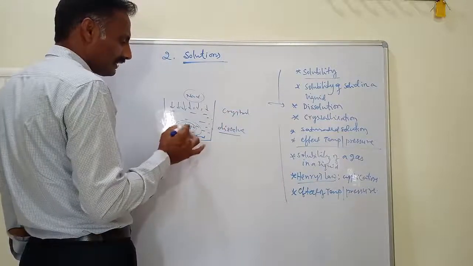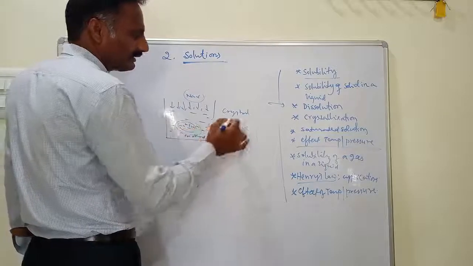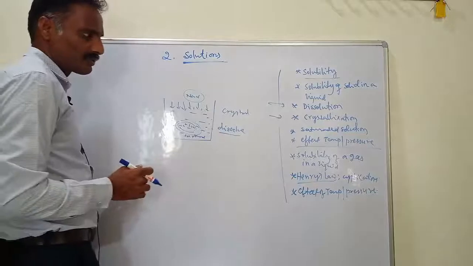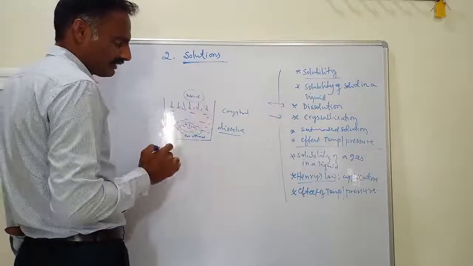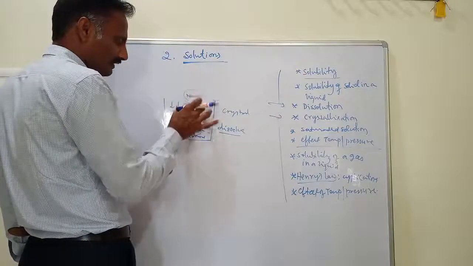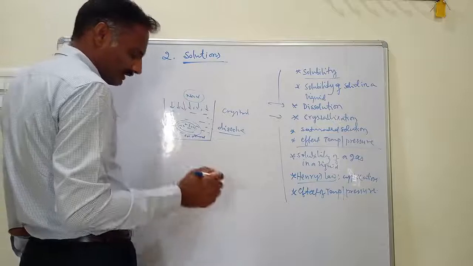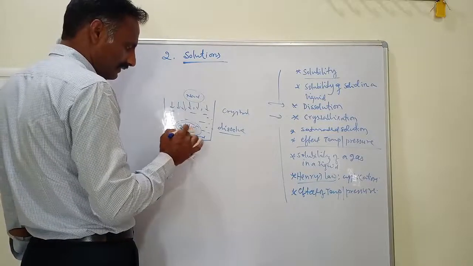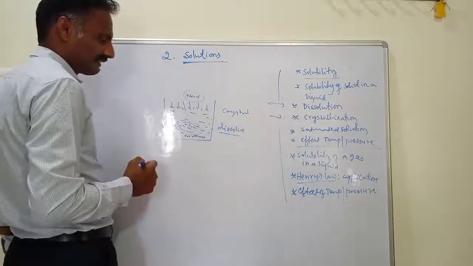The solute is crystallized. This is called crystallization. Crystallization and dissolution are reverse processes. Dissolution means the solubility of a solute in a liquid, while the solute particles in the solution that crystallize out is called crystallization.